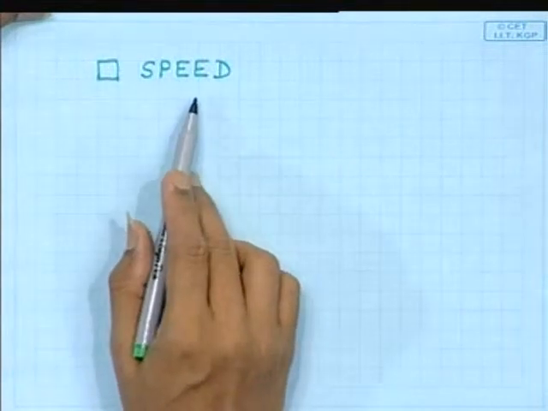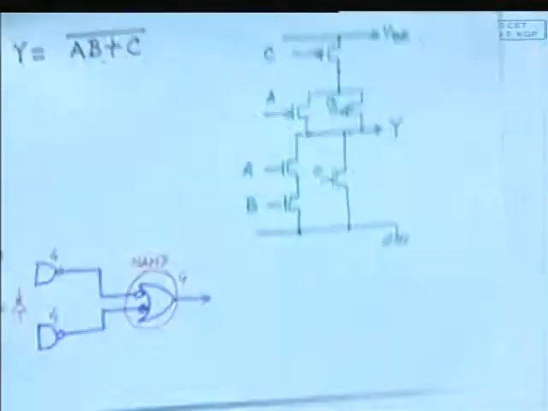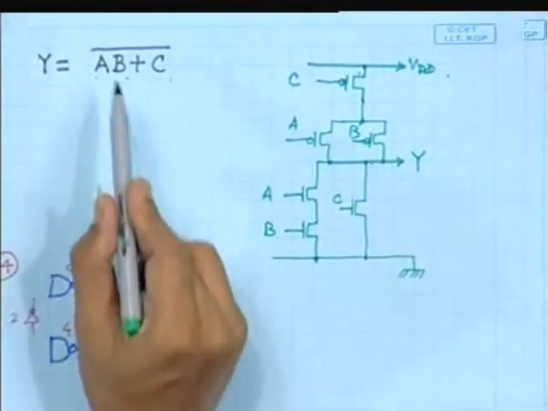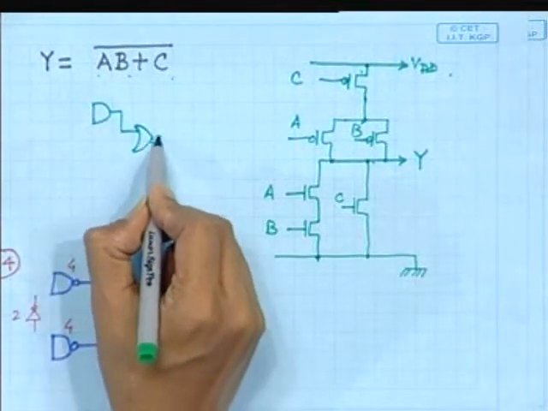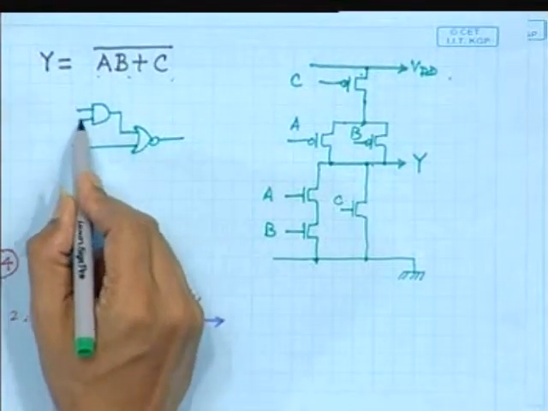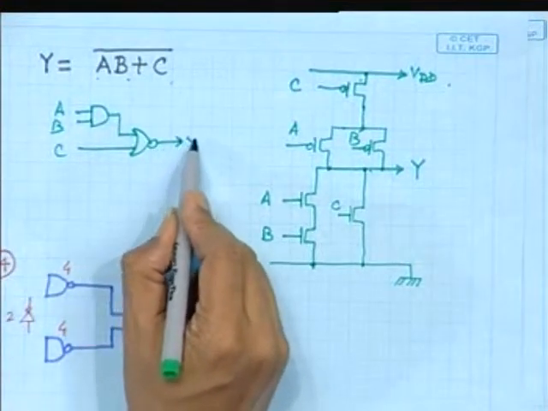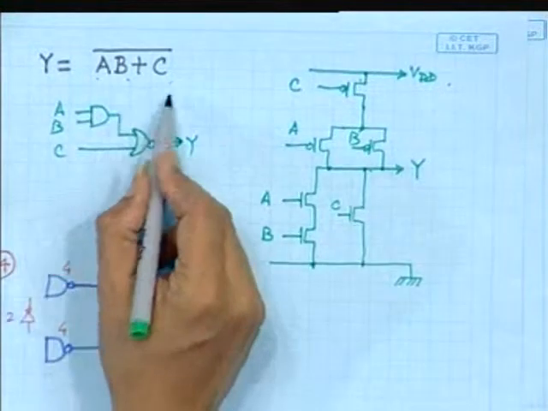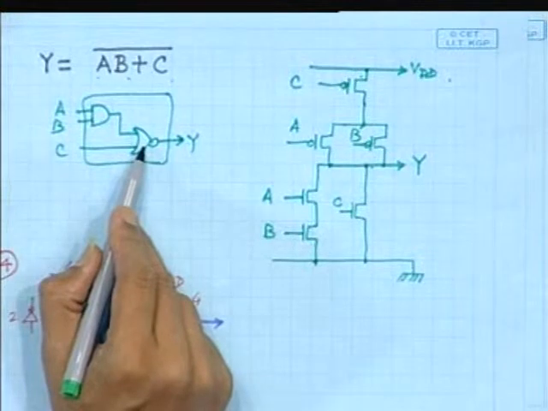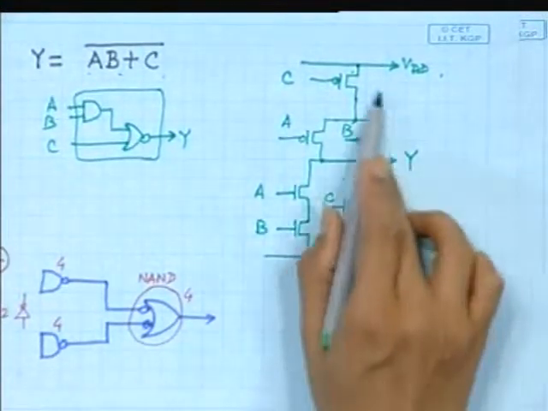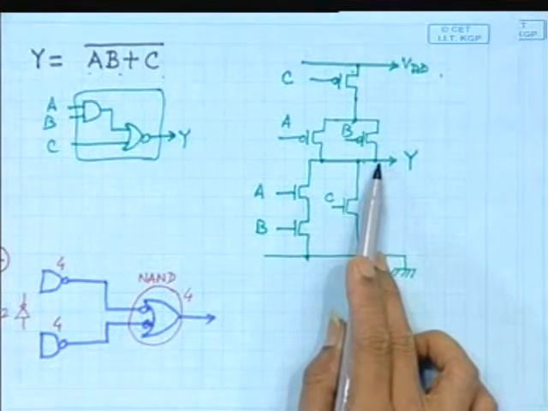If we take the previous example, the logic with an AND followed by, let us say, a NOR, then the AND gate has some delay and the NOR gate has some additional delay. So from the inputs A, B, C to the output, the delay will be approximately 2 gate delays. But if you use a structure like this, it will be just identical to a 3 input gate delay or even less in some cases.